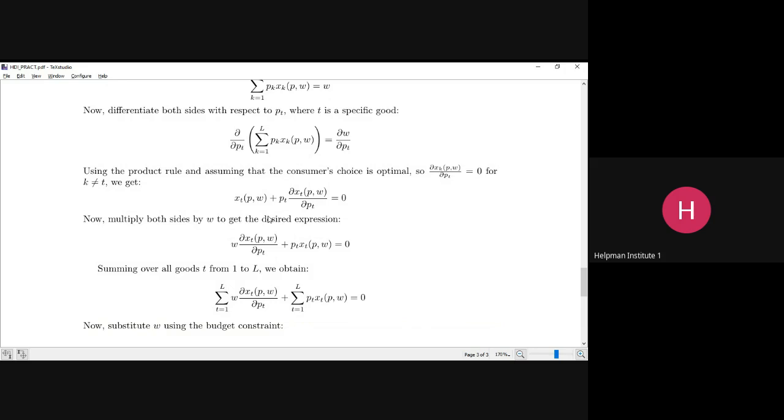Then we apply the summation rule, from 1 to L, to it. Then we have the summation of partial x with respect to p, plus the summation of the product, and everything together gives 0. We can now divide both sides by w, and we've almost come to the end of that proof.